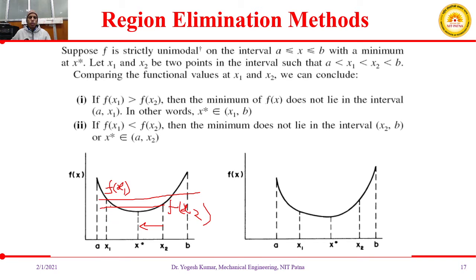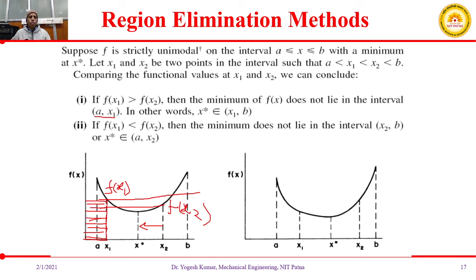Or we can say the minimum value of function f(x) does not lie in the interval a to x1. This region will not be a possible solution because this value of f(x1) is larger. Your respective region will be eliminated where your value is higher.